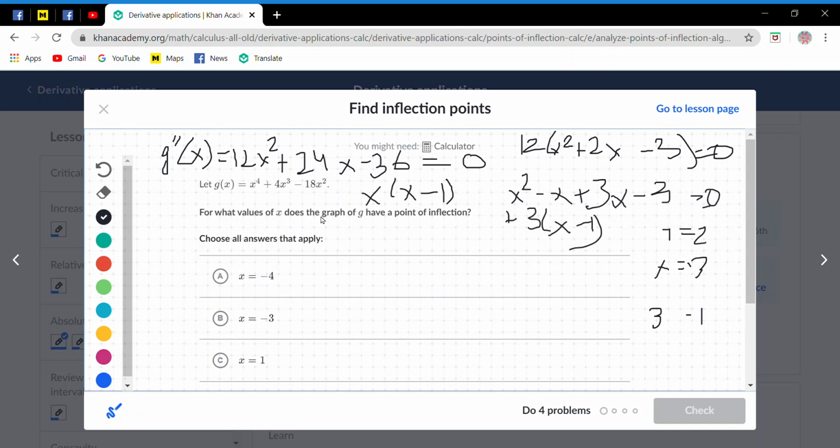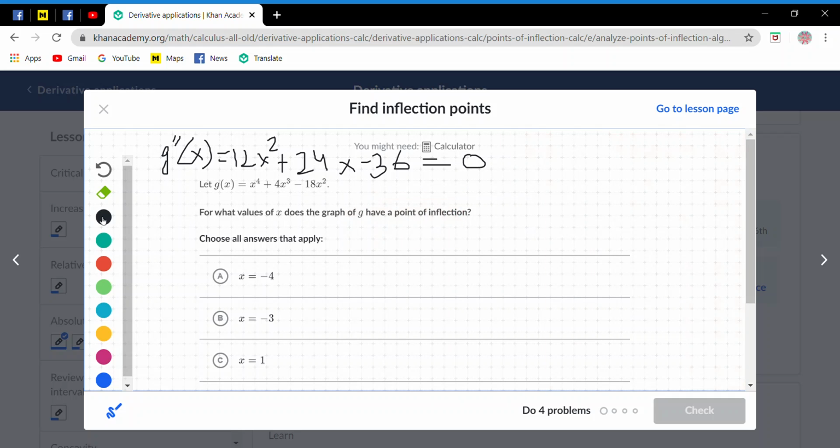So this becomes x plus 3 times x minus 1 equals 0. This is only 0 when x plus 3 equals 0 or x minus 1 equals 0, so x is equal to negative 3 or 1. These are our inflection points.